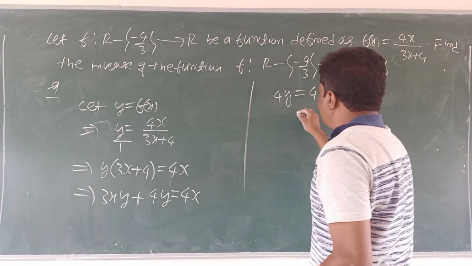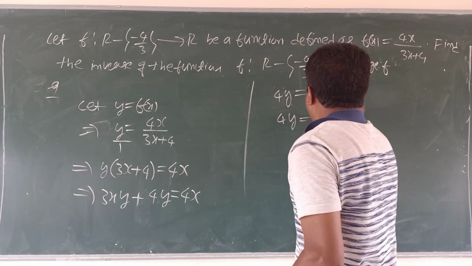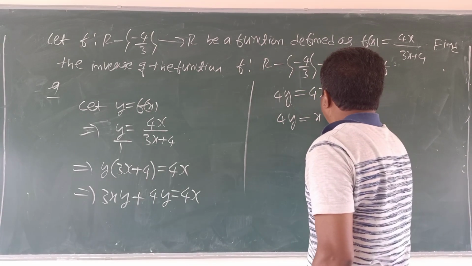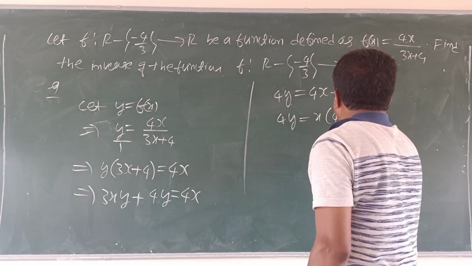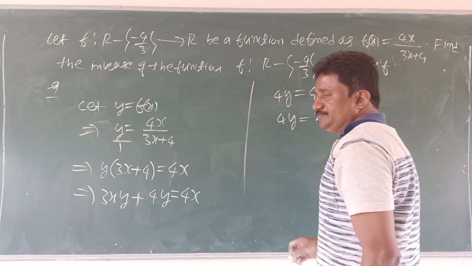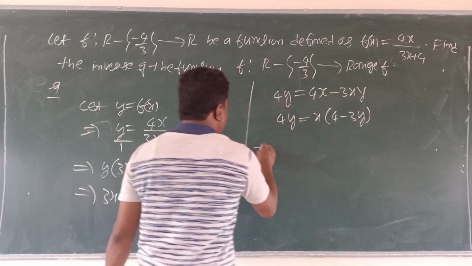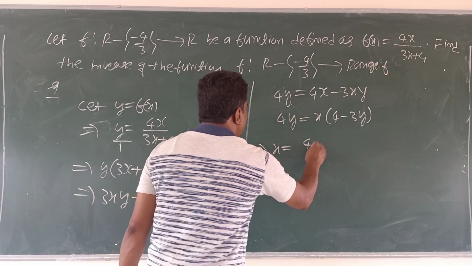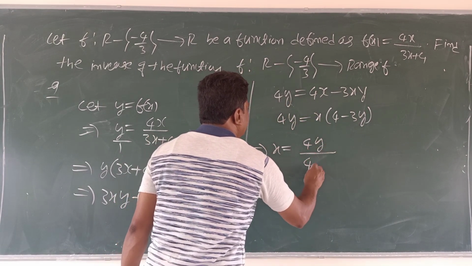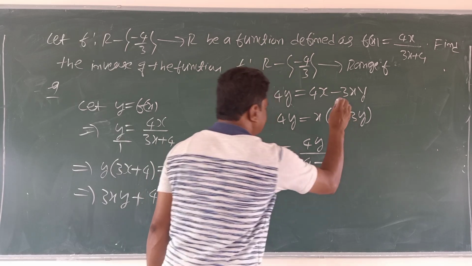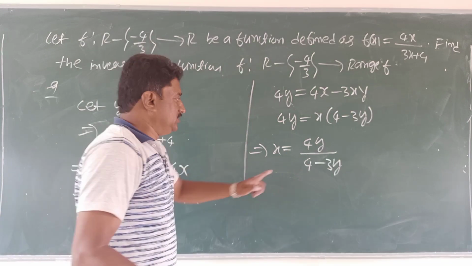Solve for x. 4y. What is common? x. 4y equals x times (4 minus 3y). Find out x value. x is equal to 4y by 4 minus 3y. We got the inverse.